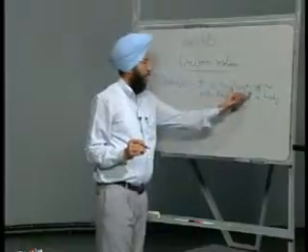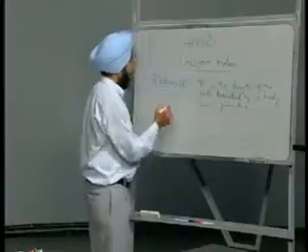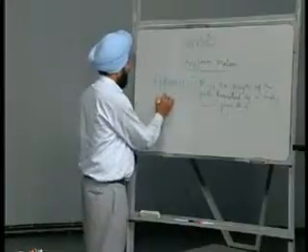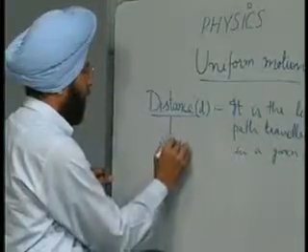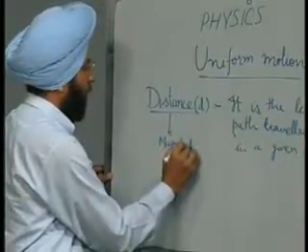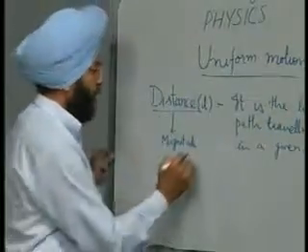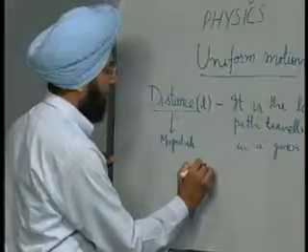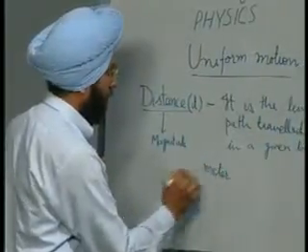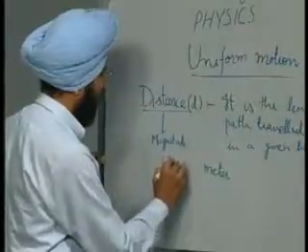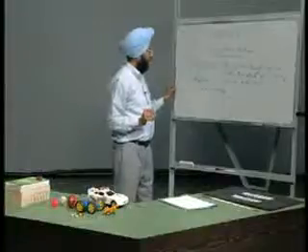It is the magnitude, the length. So, distance has only magnitude. When we say how much distance a body has travelled, we mention only the number of meters. So, meter is a unit of distance travelled.